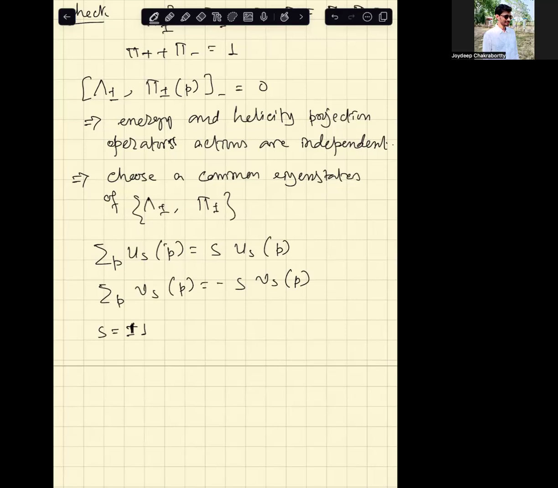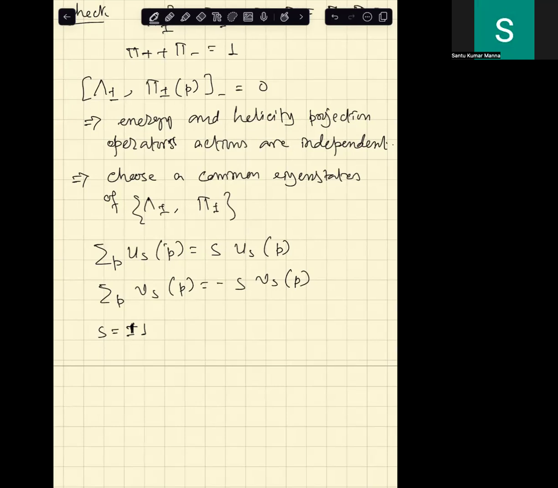So that's also frame independent. Helicity is frame dependent, right, sir? Helicity is frame dependent for the massive case. If it's massless, automatically you are moving at the velocity of c. So you cannot go to another reference frame where you can change the velocity.